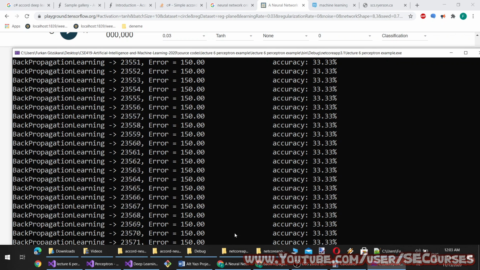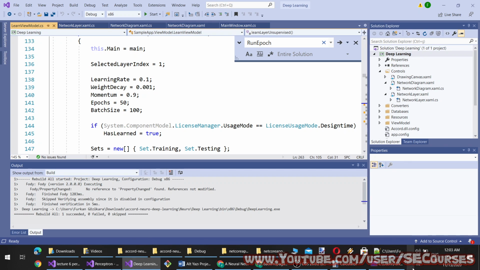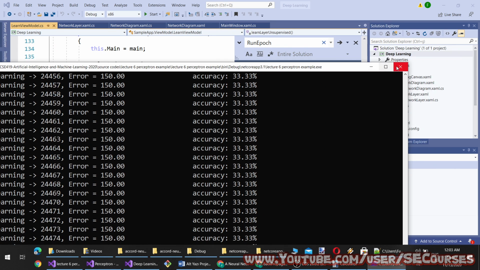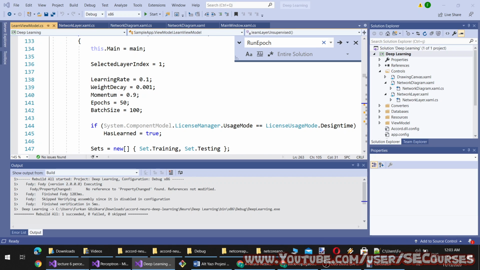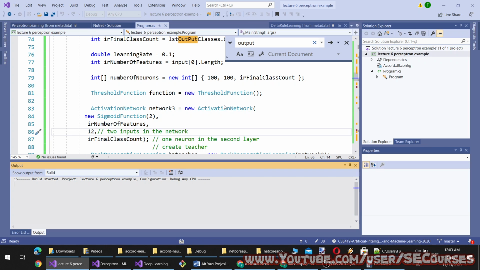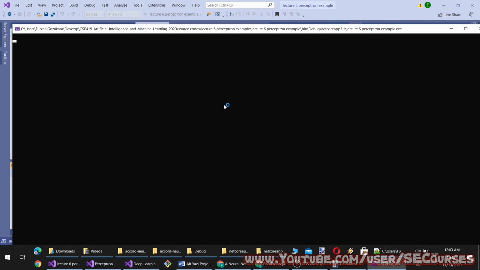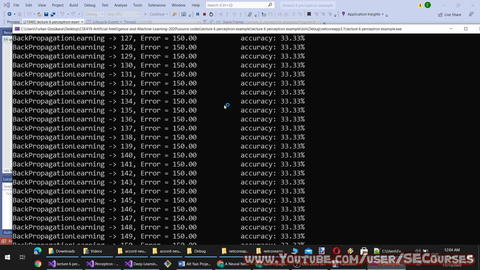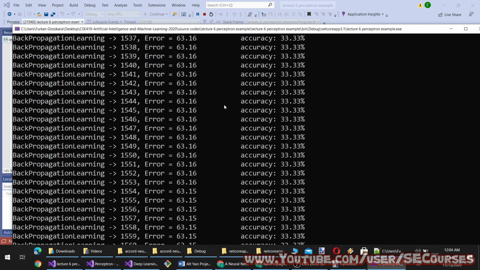Okay, you see it didn't work well, or it will work after a lot of iterations. Let's say 12. Let's try the 12th number. It is the product of input and output. Yeah, the error rate changes. Okay, still changing.